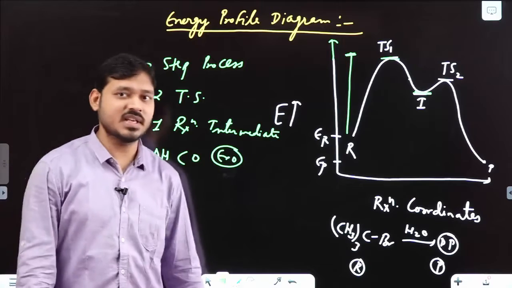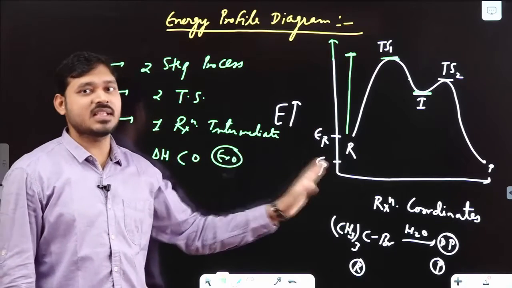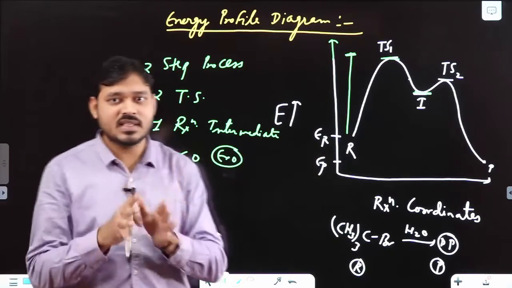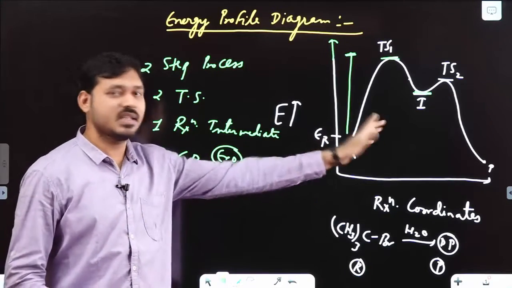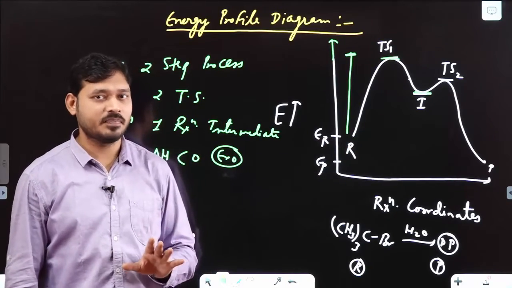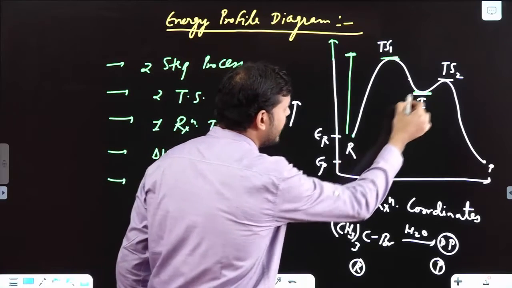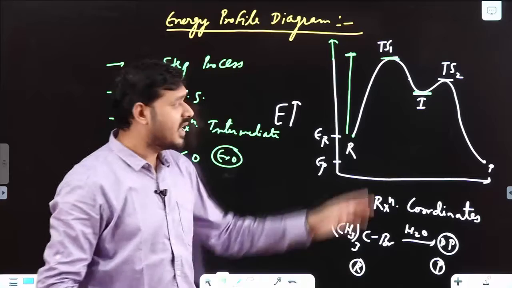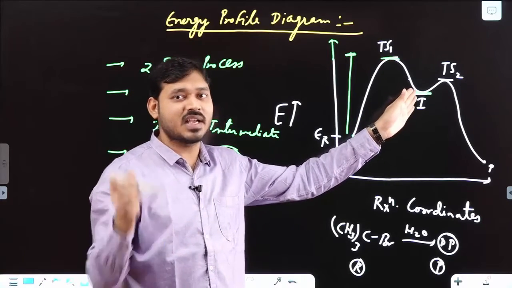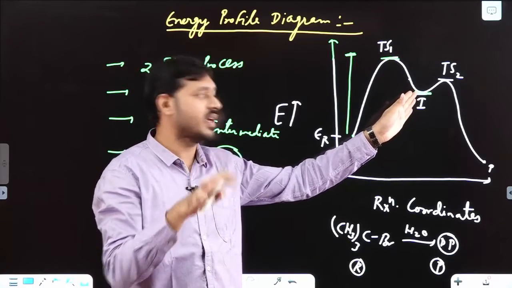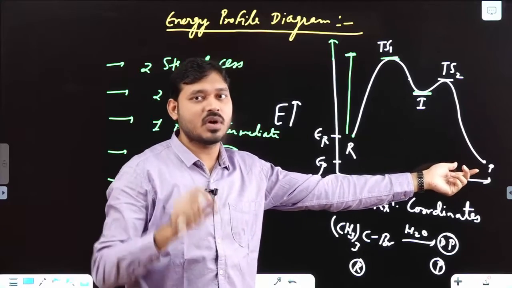Now my question is, dear students, tell me, in this reaction, is there any rearrangement occurring? Is it possible? Check. From the reactant, one intermediate carbocation is generated, and then directly that carbocation is attacked by the nucleophile or solvent, and then the product is formed. So what will happen?